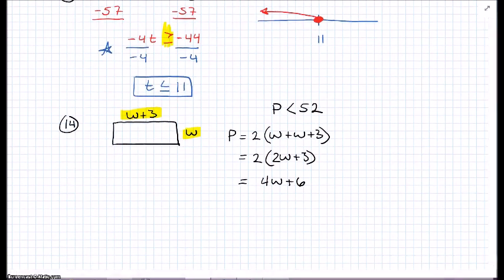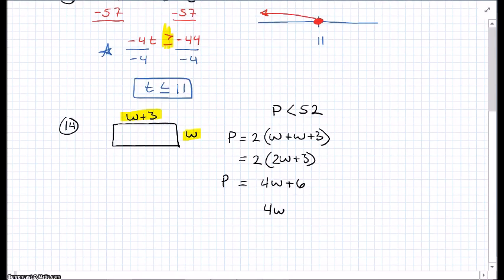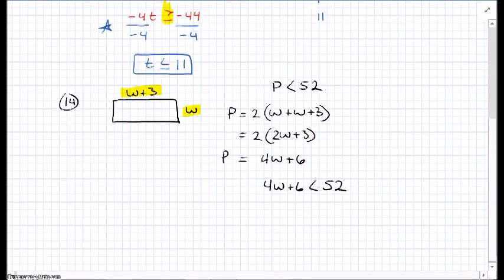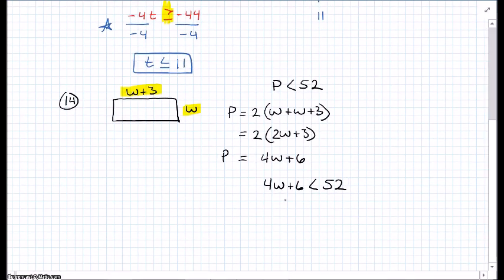All we have to do now, since those are both perimeters, is set up the inequality. 4w plus 6 has to be less than 52. We have to isolate the w by itself, so I'm going to subtract 6 on each side.